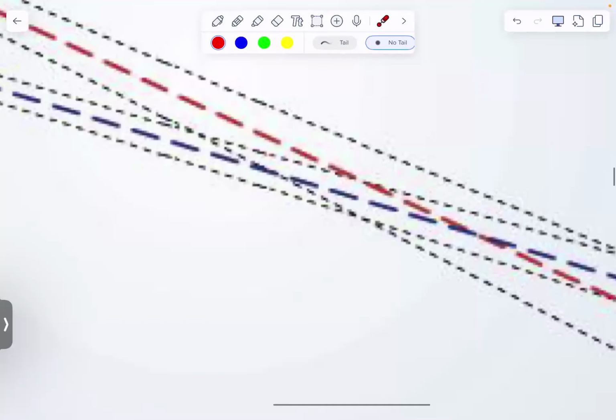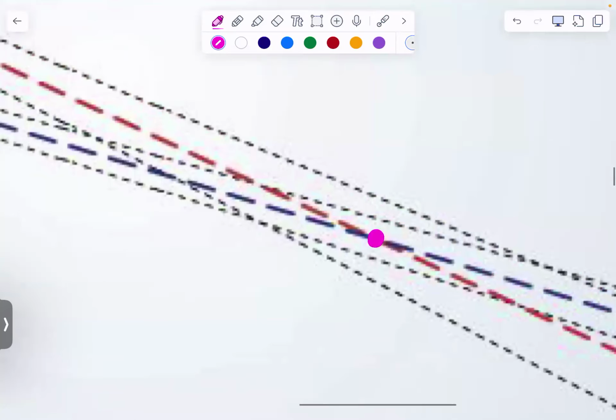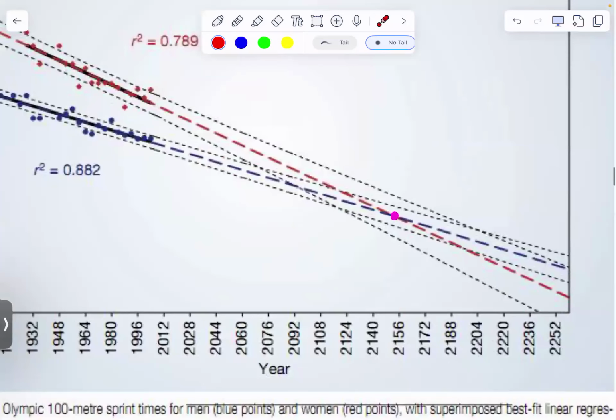And then what they did, those analysts, is they said, hey, that's crazy. Here at this point, the women are going to be faster than the men. And then what did they do? They mapped it down to 2156 and they called it a day. That's bad. Don't do that.